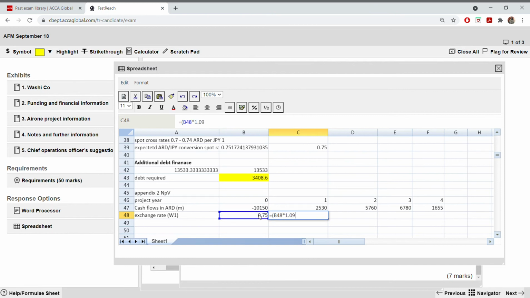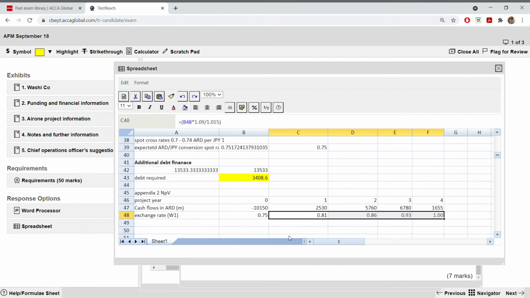Every year you need to multiply, because you are using purchasing power parity, so multiply by the inflation rate, divide by the inflation rate. 1.015. Just drag it. Take it into 2 decimal places: 0.81, 0.87, 0.93 and 1. This will be the exchange rate.